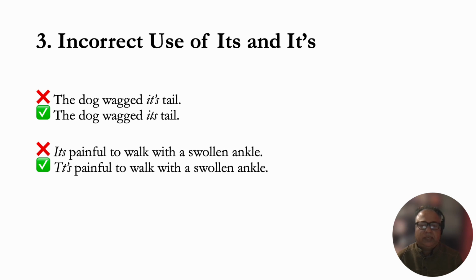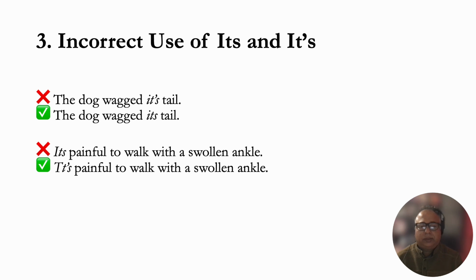Incorrect use of it's and its. Again, the second one has an apostrophe, which means in its full form it is. Okay? But native speakers of English contract this and say it's really hard. Oh, it's difficult. The dog wagged its tail.